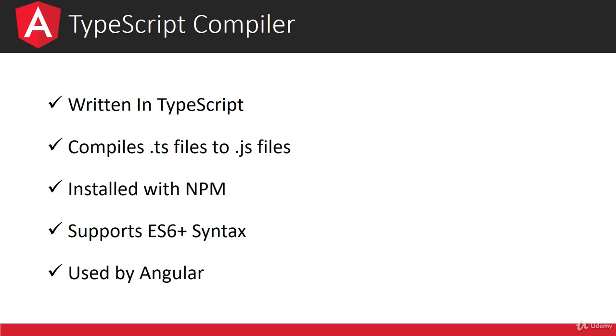This is included with the Angular CLI as well as a lot of the quick start seeds. So this will compile the .ts files to .js files on the fly. Okay, you can also use TypeScript alone without Angular by running npm install TypeScript, and this would give you just the TSC program, and you could just compile your TypeScript to JavaScript without Angular.